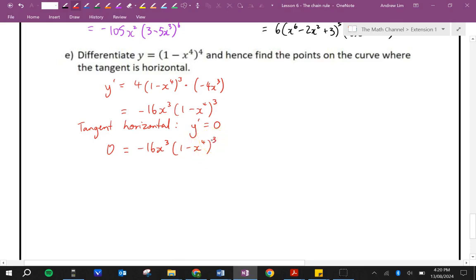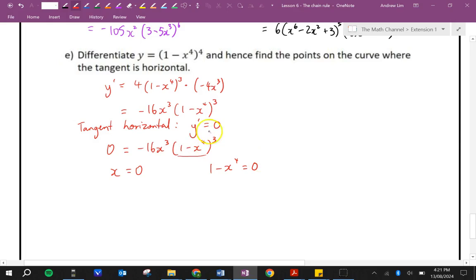So we can use our null factor law to determine that x has to equal 0. That's for this one. Because when x is 0, this will be 0 times something, which will be 0. Or, this one here, 1 minus x to the power 4 will also need to equal 0.